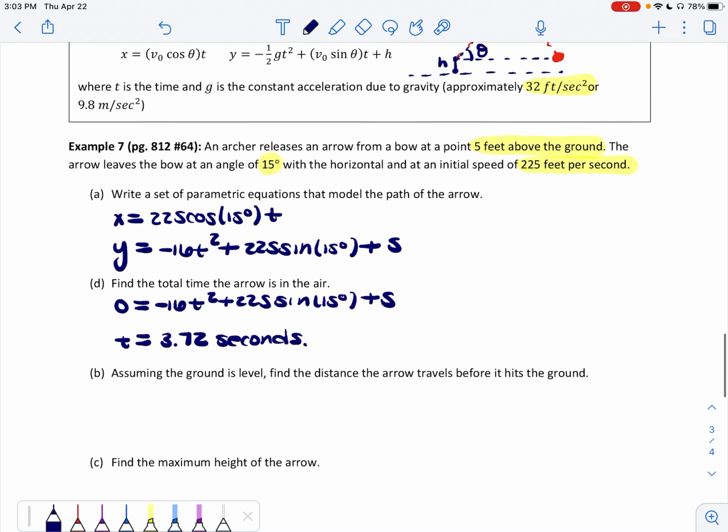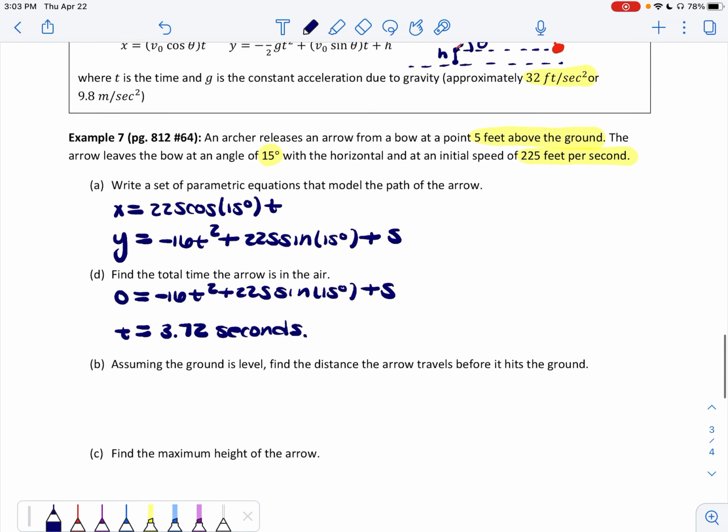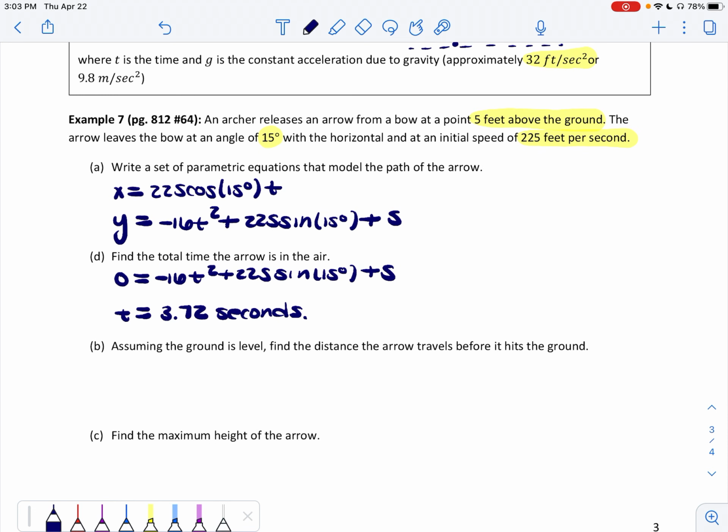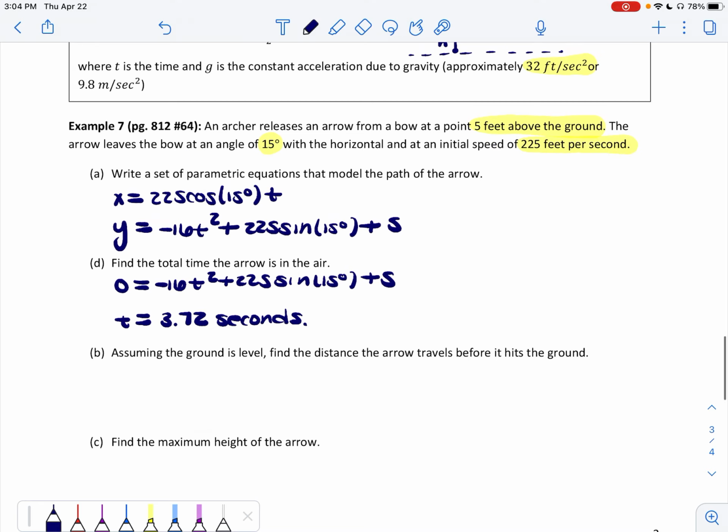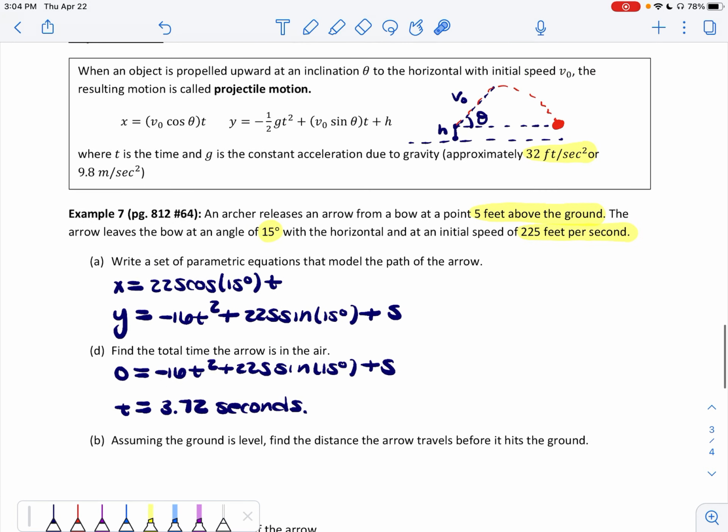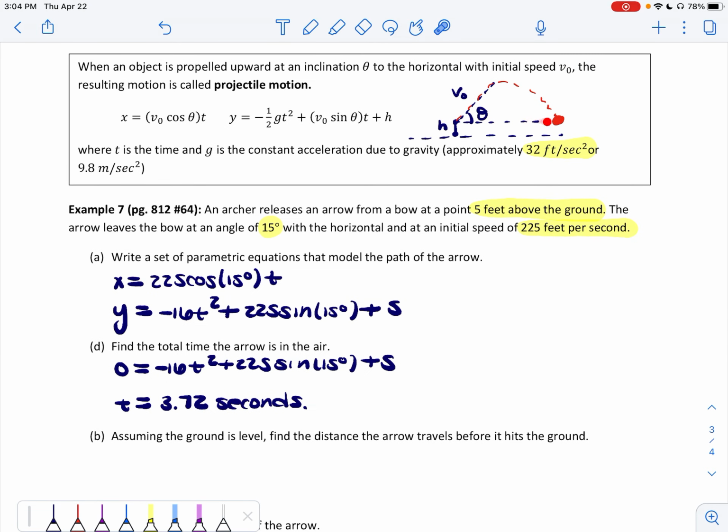Okay, next part here is assuming the ground is level, find the distance the arrow travels before it hits the ground. So in this case, we already know when it's going to hit the ground. It's going to hit the ground after 3.72 seconds, and we want to know how far did it go before that happened.